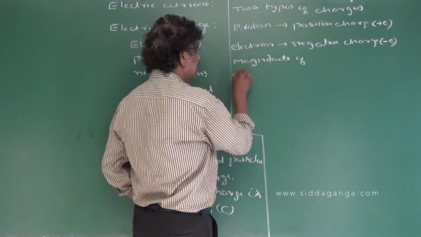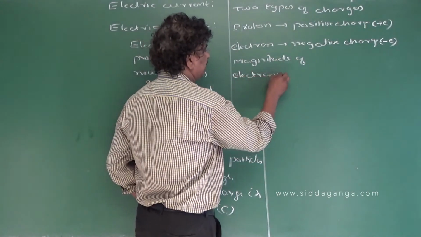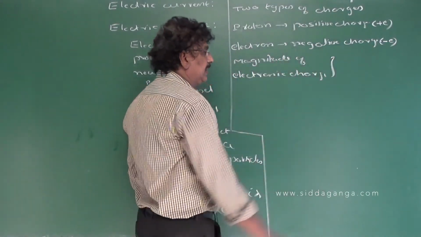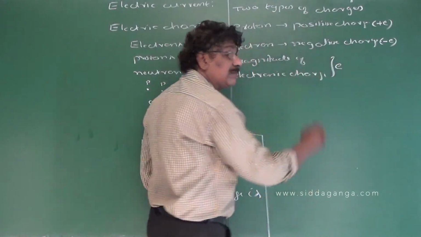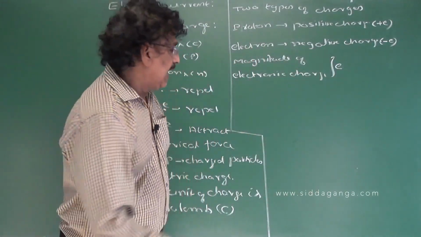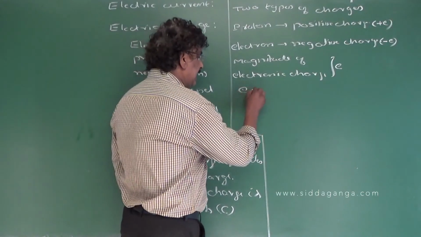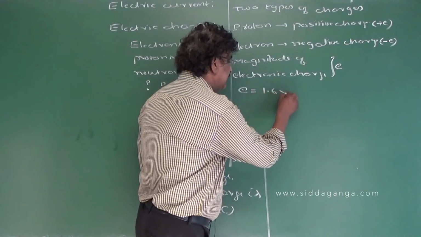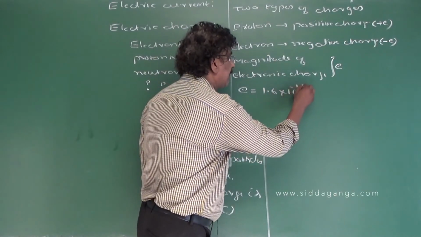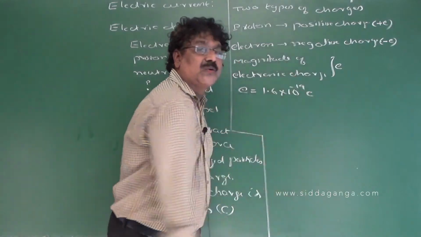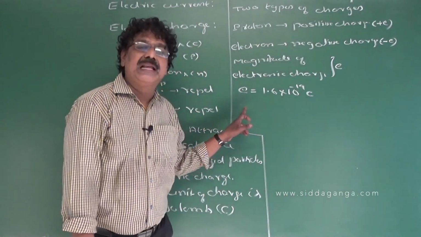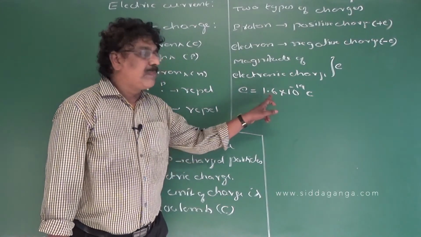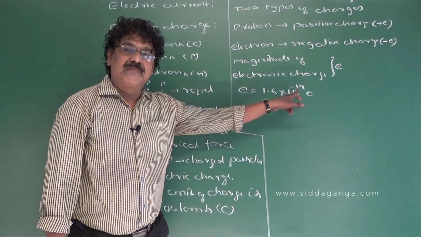Now the magnitude of electronic charge is generally represented by e. Experimentally, the value of e is found to be 1.6 × 10^-19 coulomb. This you have to remember.